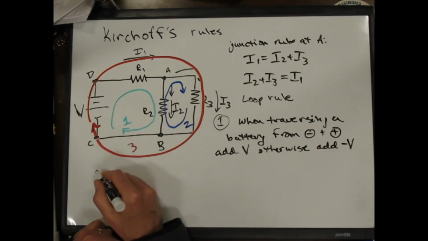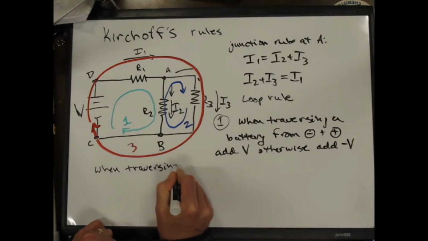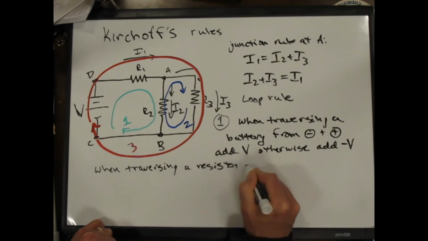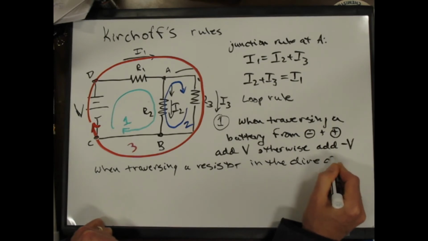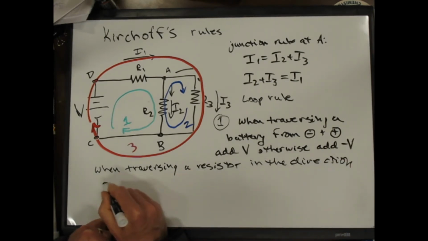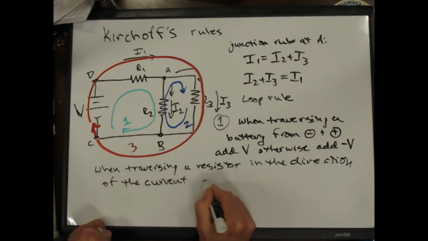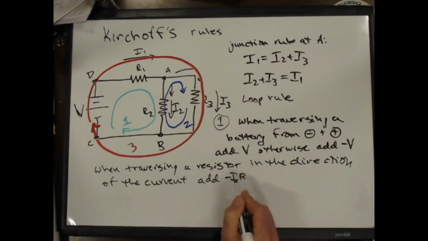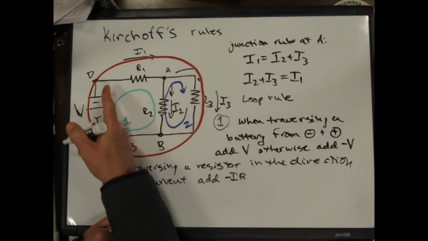The next rule is, when traversing a resistor in the direction of the current, add negative IR.